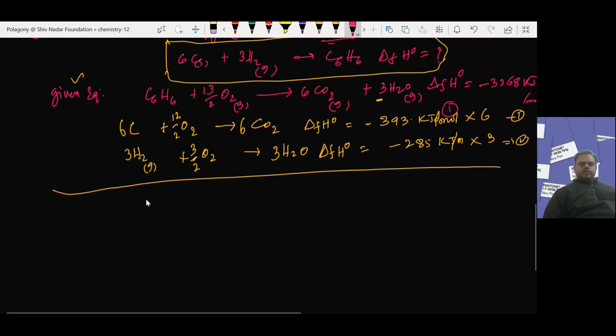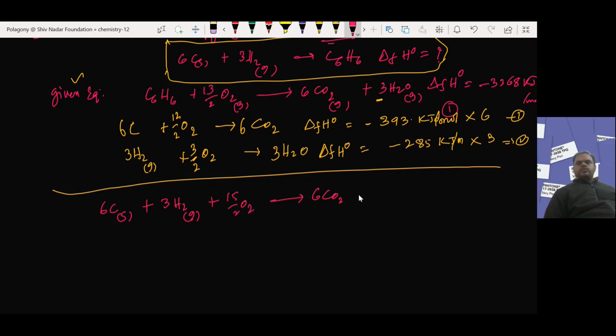these two equations, I get 6C solid plus 3H2 gas plus 15 by 2 O2 giving 6CO2 plus 3H2O.